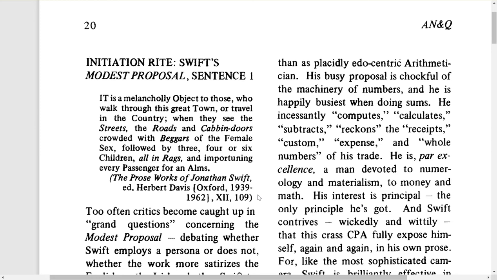So when he calls the speaker an arithmetician, now he brings proof from the text to substantiate his claim, his argument about the speaker. "He incessantly computes, calculates, subtracts, reckons, receipts of custom, expense, and whole numbers of his trade. He is, par excellence, a man devoted to numerology and materialism, to money and math."